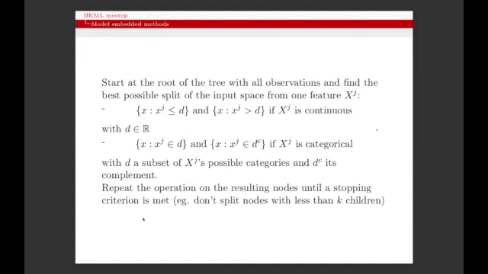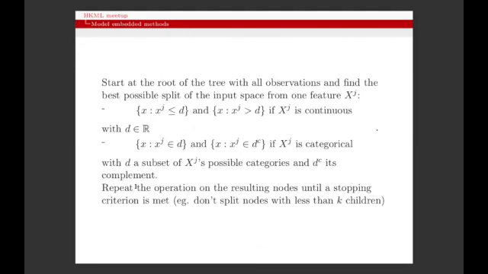So the idea of building a decision tree to perform regression or classification is to start at the root of the tree with all observations of the training set and find the best possible split of the input space over one feature.